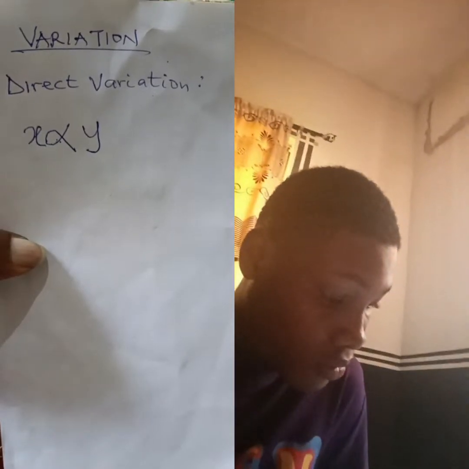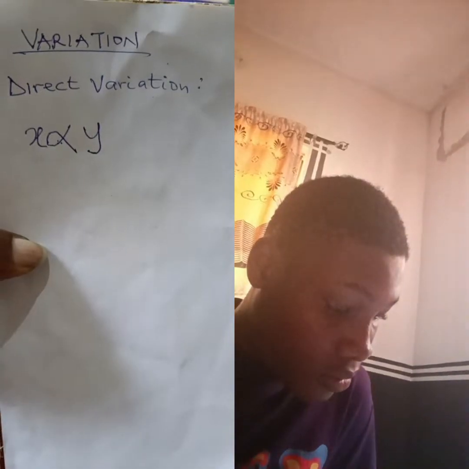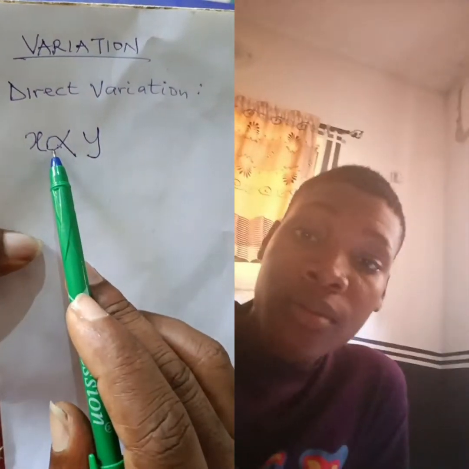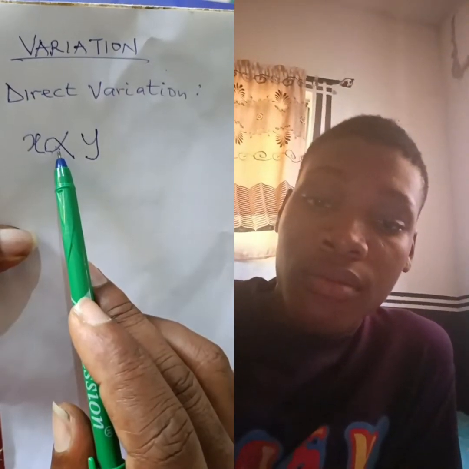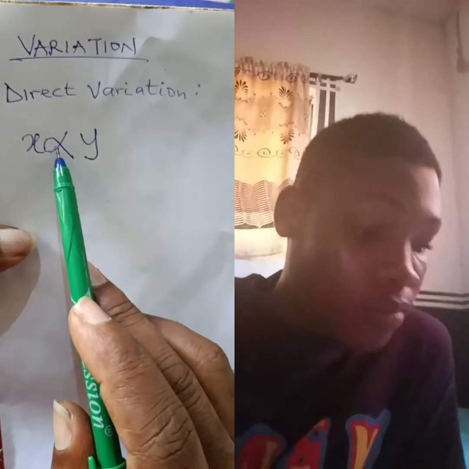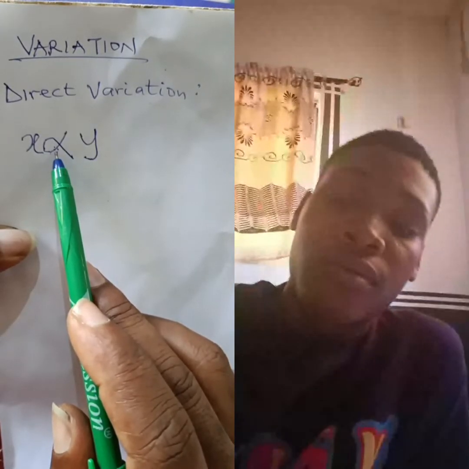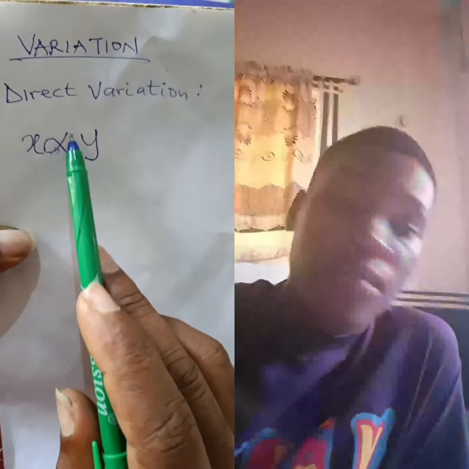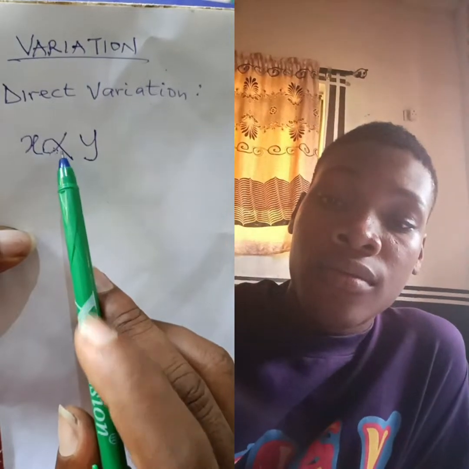Good. Now, you cannot solve anything with this symbol. So you have to remove it and fix equal to. Are you following, right? Can you hear me? Yeah. In maths, you don't solve anything with this symbol, so you have to remove it.